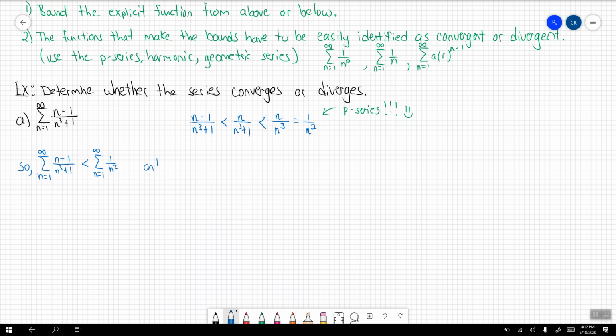And the series 1 over n squared is convergent by the p-series. Therefore, my series that I was initially looking at, n minus 1 over n cubed plus 1, is convergent by the comparison test.